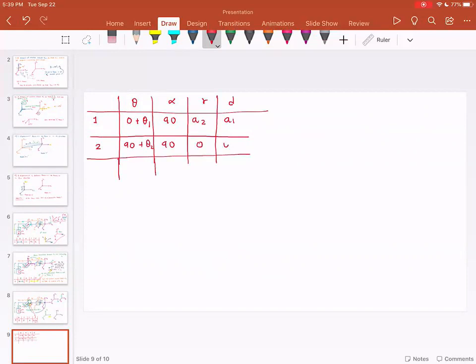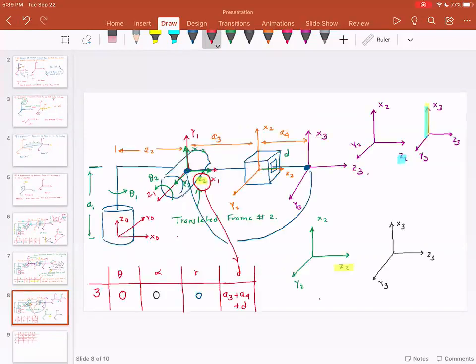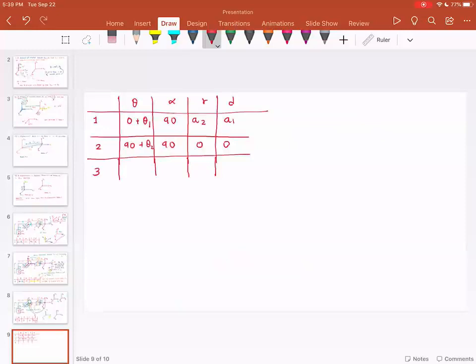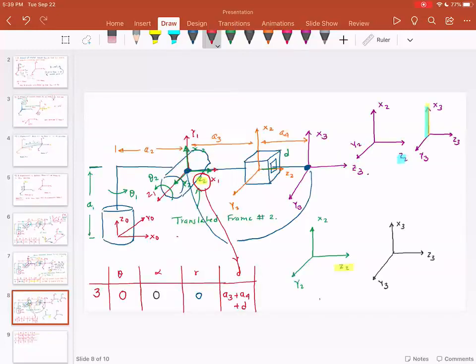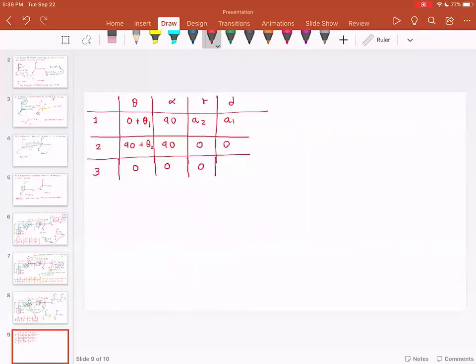And the last is going to be 3: 0, 0, 0, A3 plus A4 plus D. This is how you complete the DH parameter table.